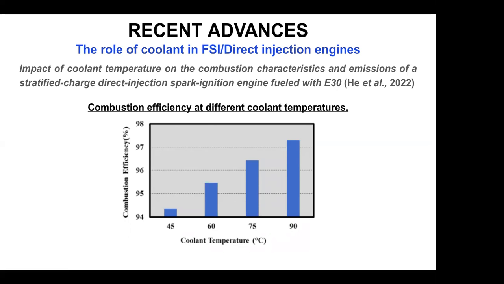Comparing the IMEP between 45 degrees Celsius and 90 degrees Celsius, it could be found that the IMEP at 45 degrees Celsius drops 5.5% from that of 90 degrees Celsius, while the combustion efficiency only drops 3.1% in relative value. This suggests that inefficiencies other than combustion inefficiency also amplify for a lower coolant temperature.